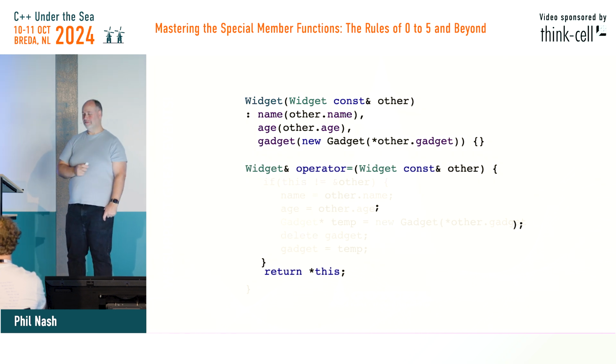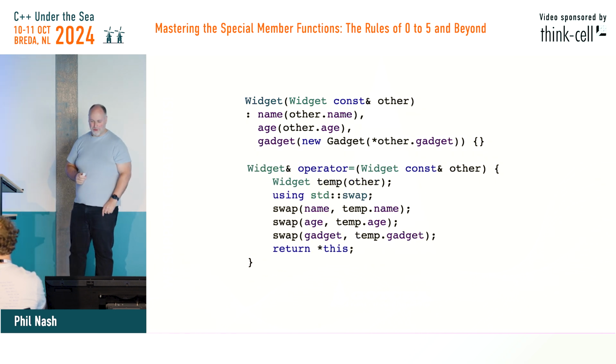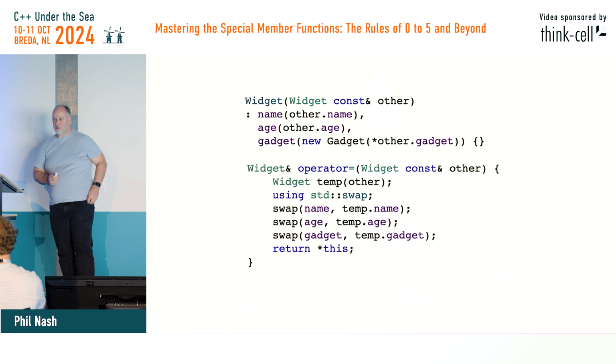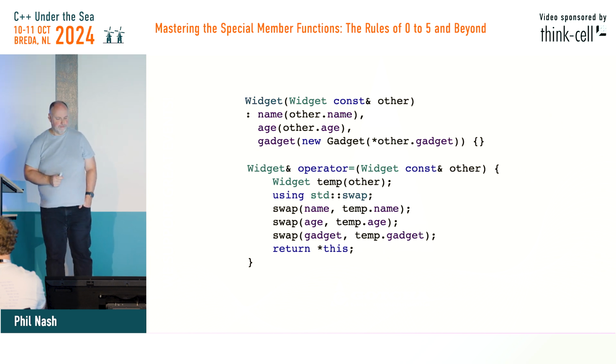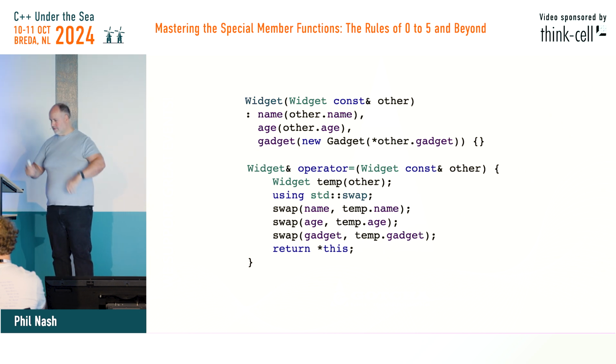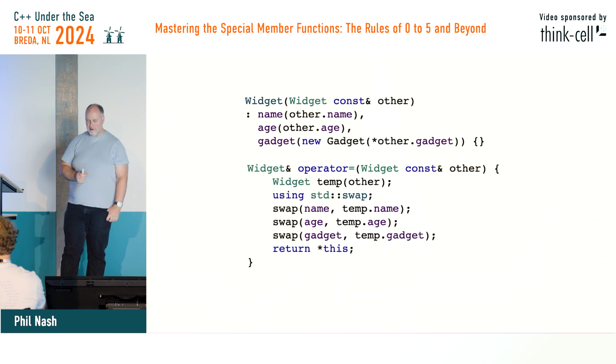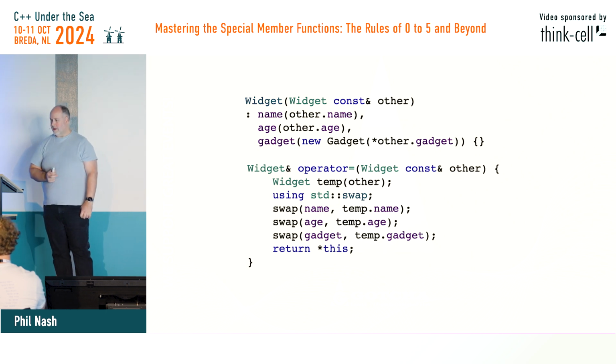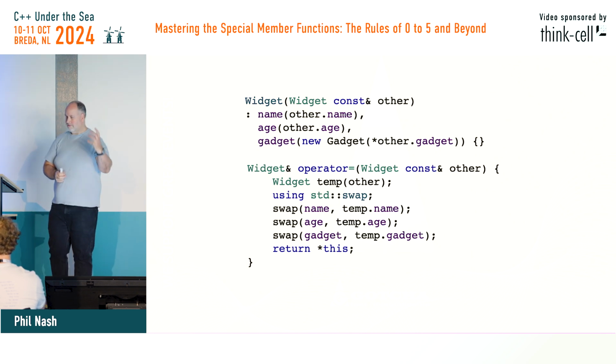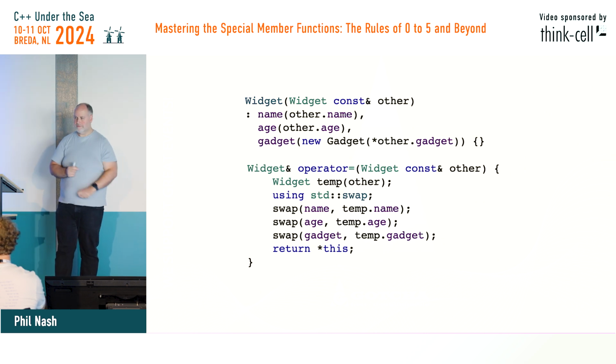There is a better way, and you're probably familiar with this too, where we actually introduce a temporary, not a C++ temporary, but just a temporary variable that we construct. So that invokes the copy constructor, and then we just swap our members between ourselves and the temporary.